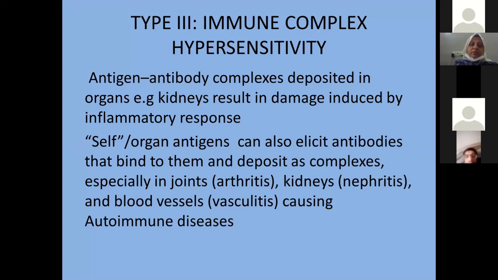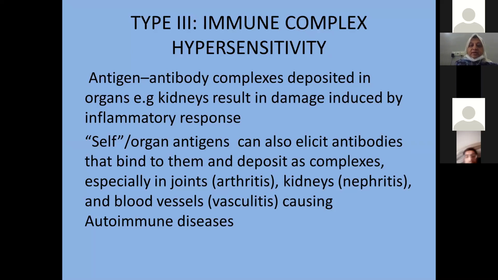Sometimes the body's own organs also elicit antibodies, and we will see how this happens. When the immune response is directed against the body's own or self organs, the antibodies produced are known as autoantibodies, because they are acting against the body's own tissue and cells.